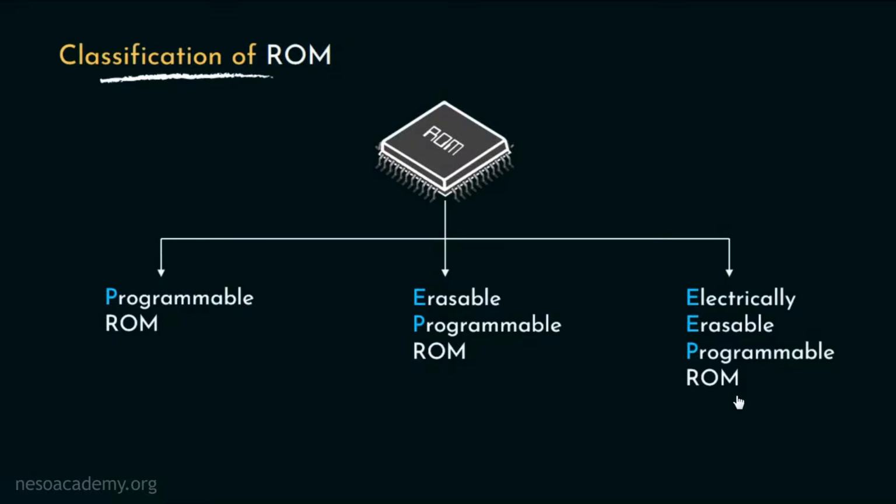Here, instead of UV light, using an electric field, the targeted cells of EEPROM can be erased. It can be reprogrammed about 10,000 times. A modern type of EEPROM is called flash memory, which can be rewritten more than 1,000,000 times. So, these are the various types of ROMs available.